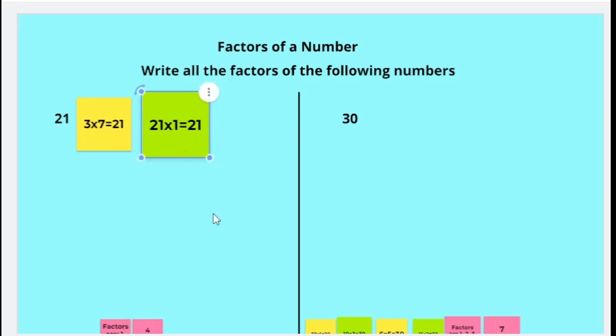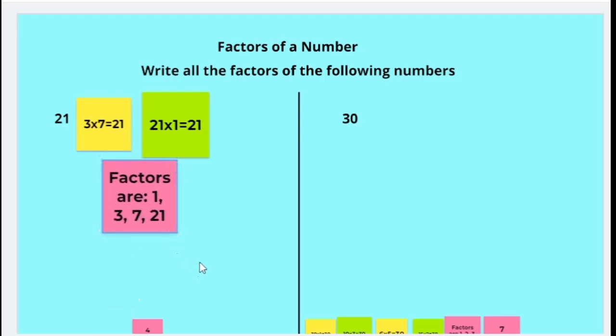That means we have 1 set of 21 out of 21. What are the factors? The factors of 21 are 1, 3, 7, 21. How many factors does 21 have? 21 has 4 factors.